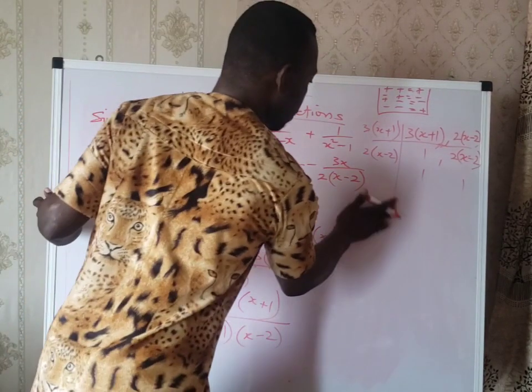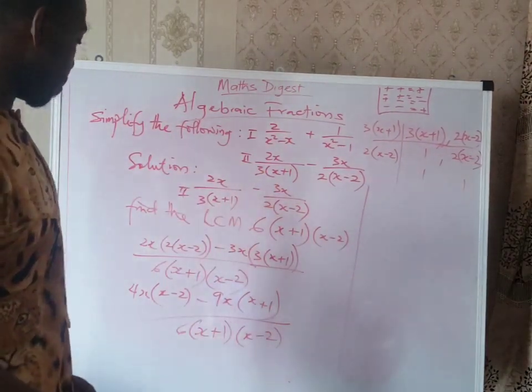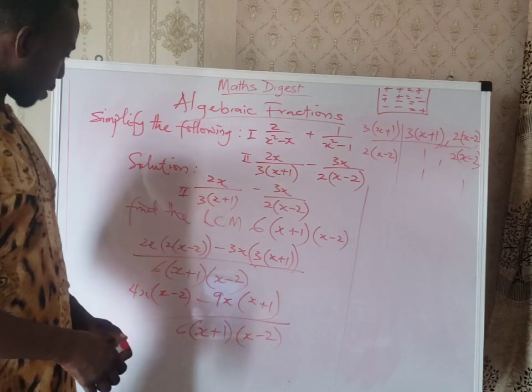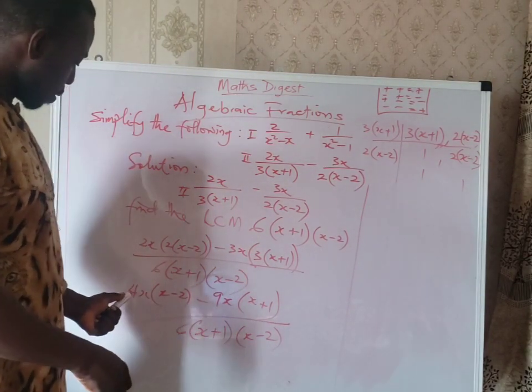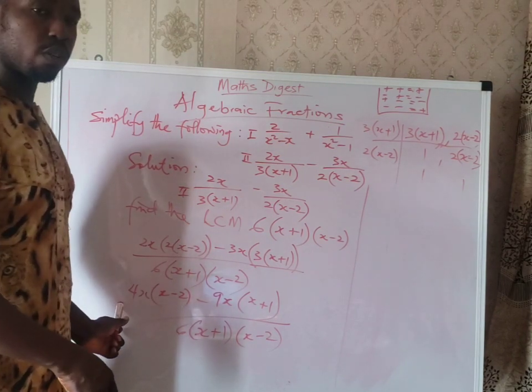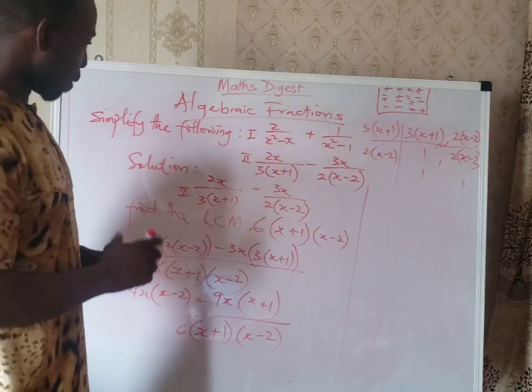Let's use this side of the board. Follow me please. This 4x times x here will give us 4x squared. Remember 4 is multiplying the coefficient of x here, which is 1. It will remain 4, while this multiplied by this one gives x squared.